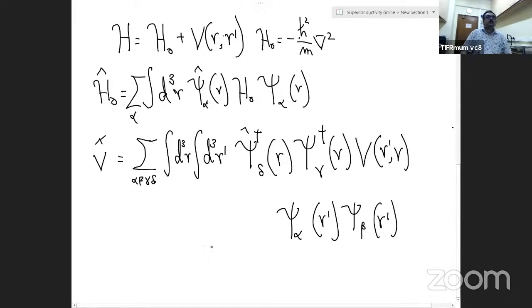All right. So a pair of particles which are interacting with each other in real space, that means this pair of particles is getting destroyed at position R1 and is getting created again at position R. Now, of course, I will need a model for V(R, R prime) if I have to proceed.